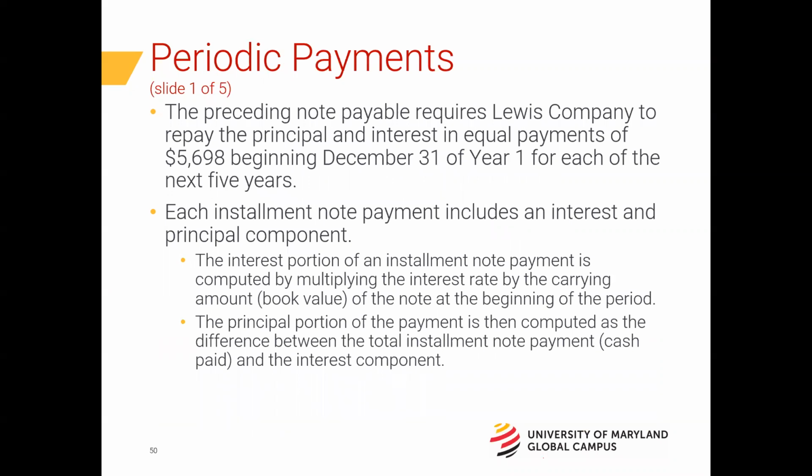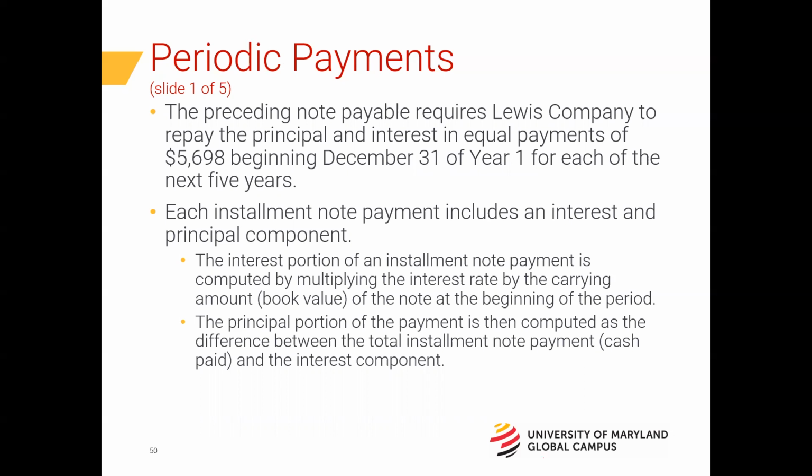The annual payments are also called periodic payments. So I need to make a payment of $5,698 every year for the next 5 years to repay that initial balance plus interest. It makes perfect sense, right?